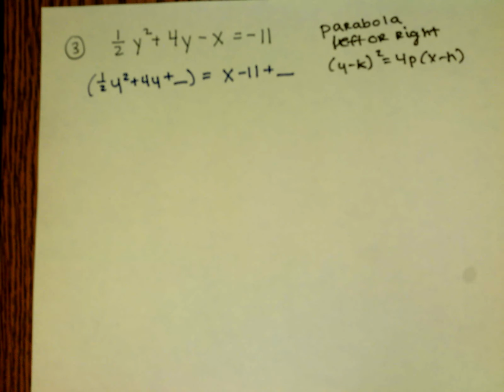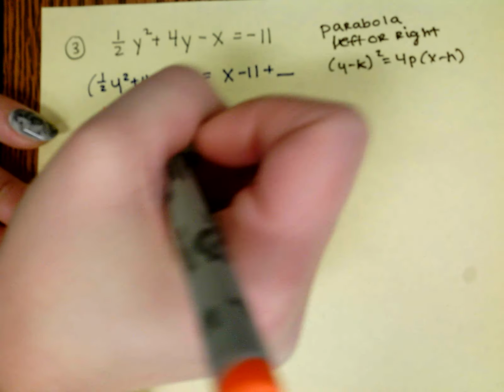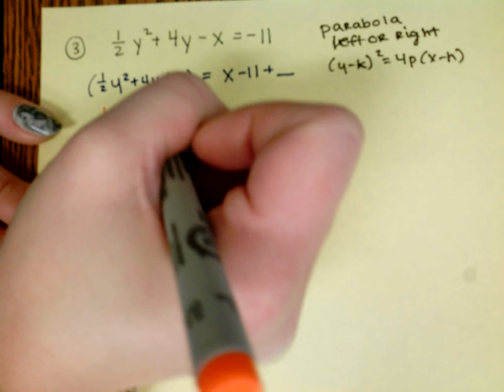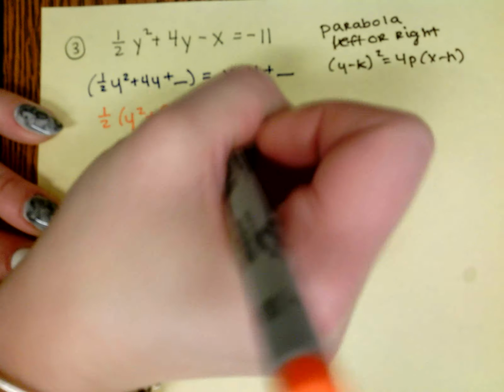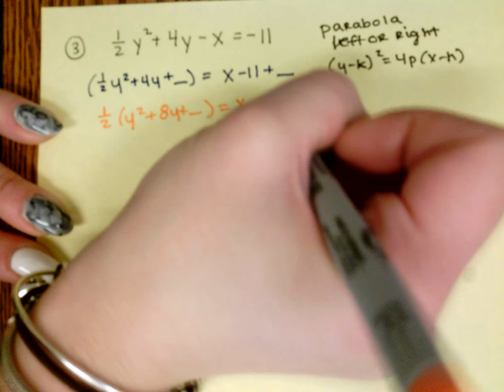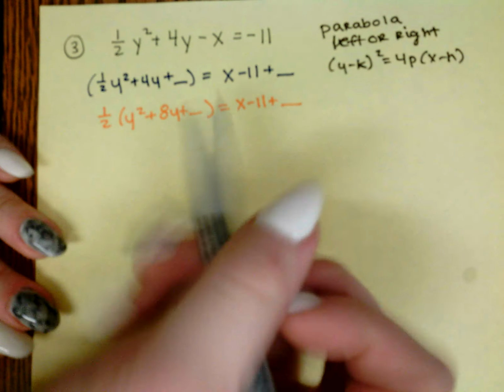The next thing I need to do is factor out a 1/2. So I've got 1/2 (y squared plus, if I divide this by 1/2, I actually get 8y plus blank) equals x minus 11 plus blank. What's going to go in this blank?